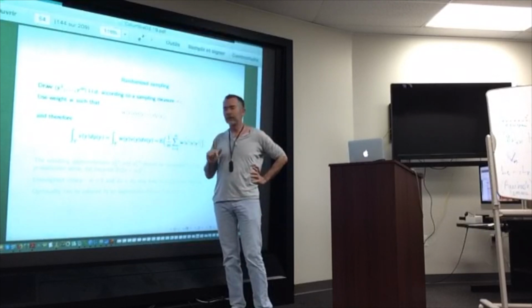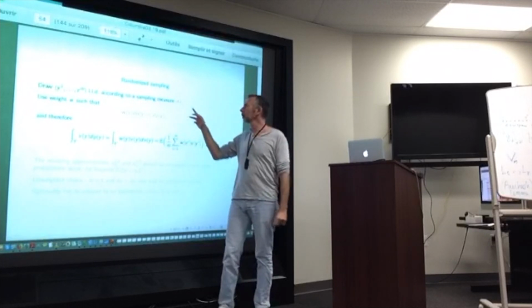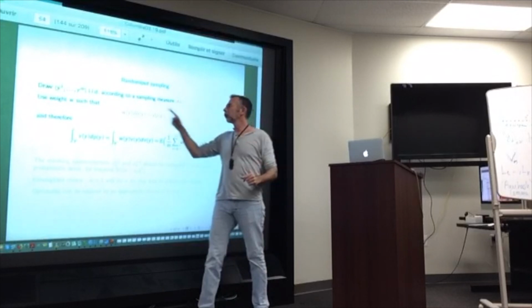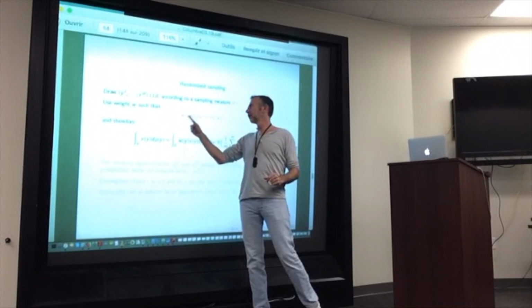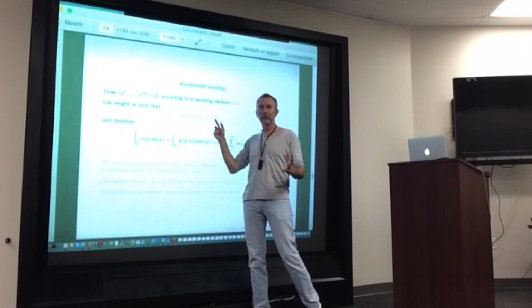It's associated to this L2 norm. But now we have the choice on how to sample, and we are going to use the sampling measure of our choice. But we need to compensate for this by using a weight that is related to this sampling measure by this relation. So W multiplying d sigma is d rho.